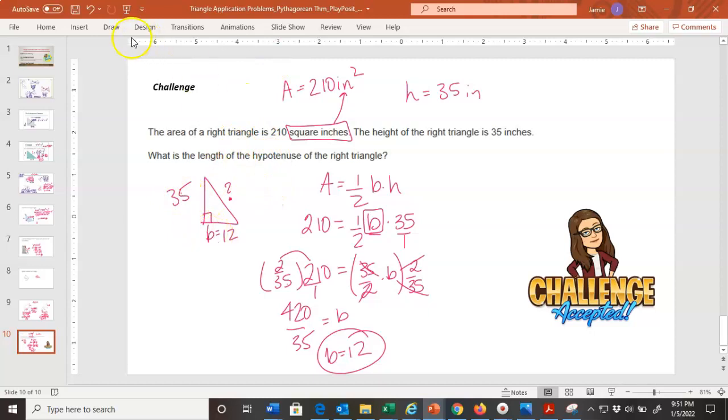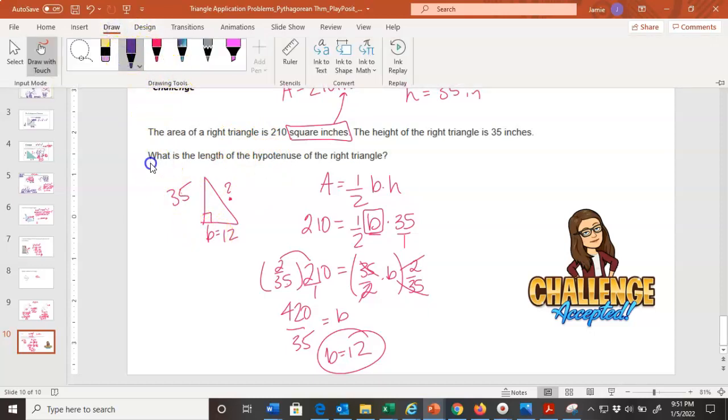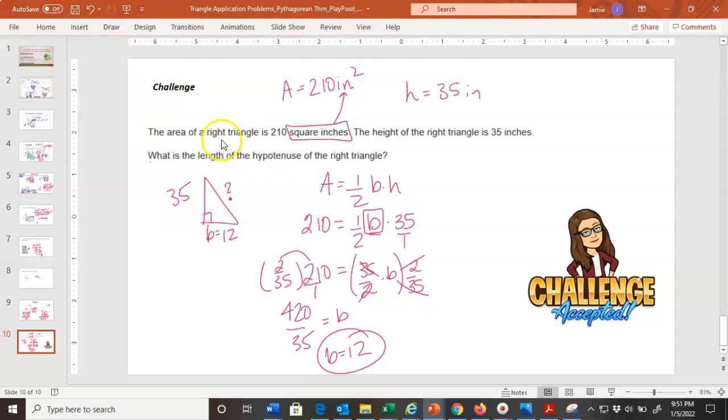Now let's use these two numbers to find the hypotenuse. Because it's a right triangle, this is a good big clue. Whenever you see right triangle, you want to think Pythagorean Theorem. So we're going to do 35 squared plus 12 squared equals, we don't know. You could call it C, you could call it X, whatever you want.